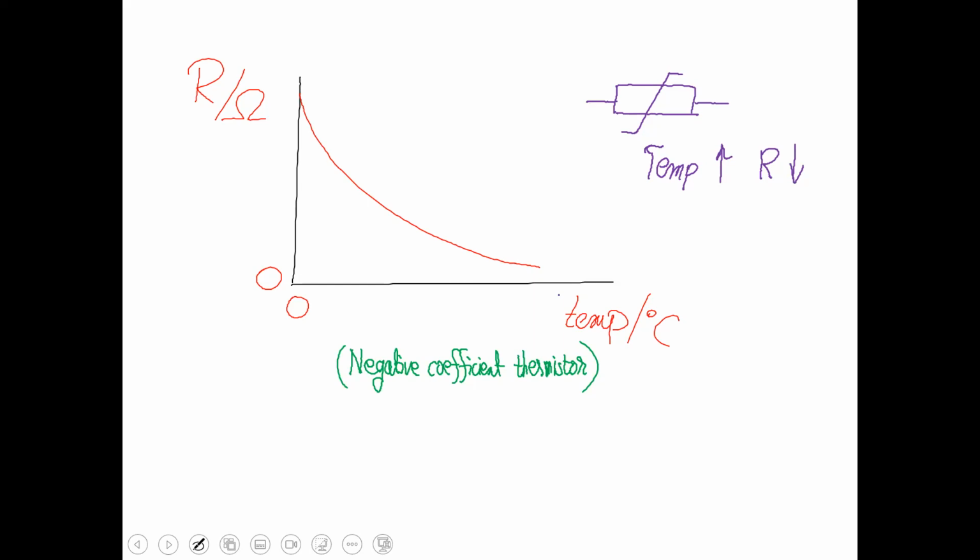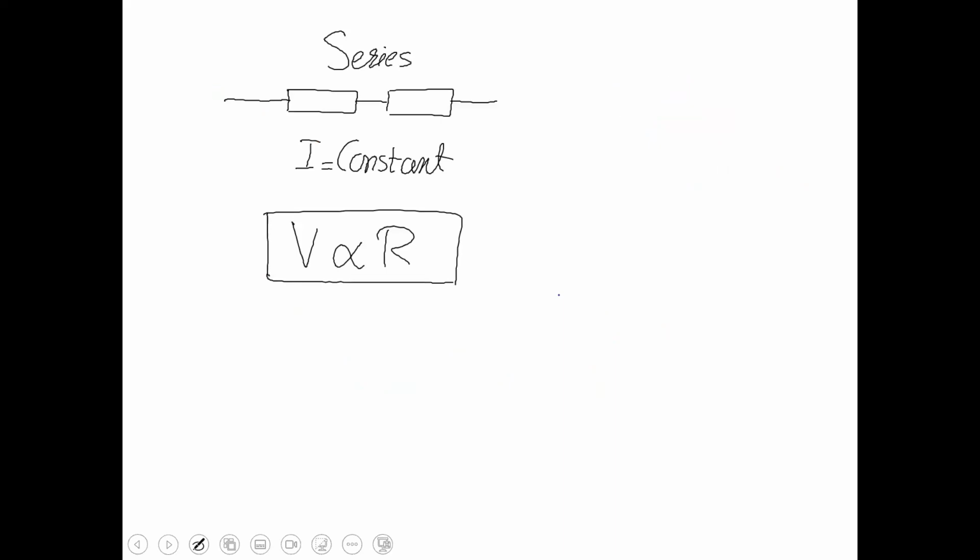It is a semiconductor. When you talk about a negative coefficient thermistor, when temperature increases, its resistance decreases. The resistors are in series as usual. Potential divider always works on resistors in series.